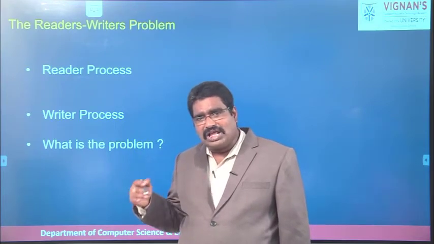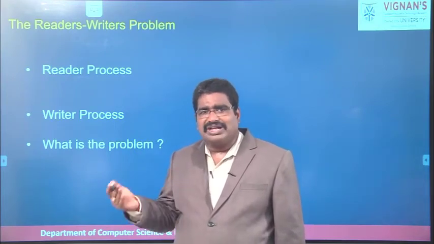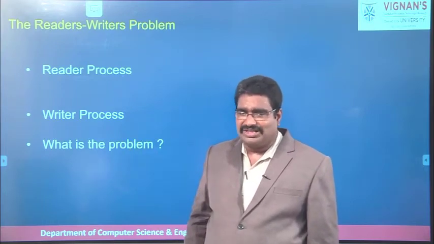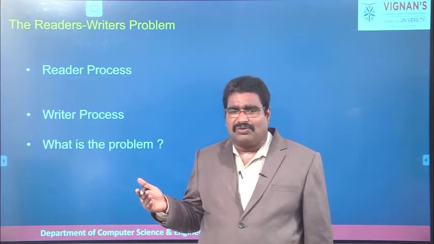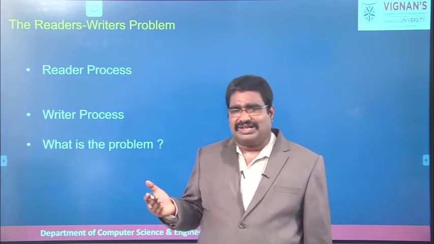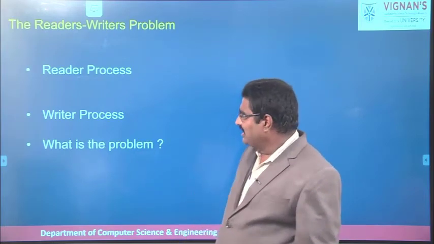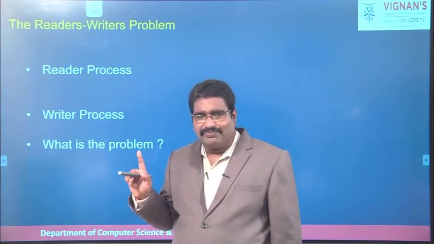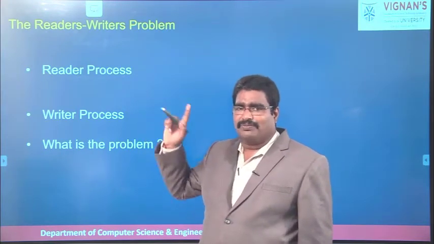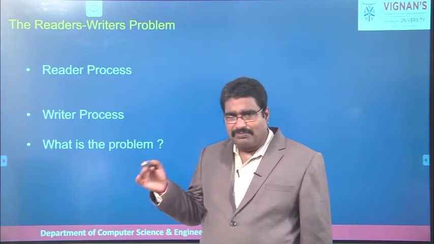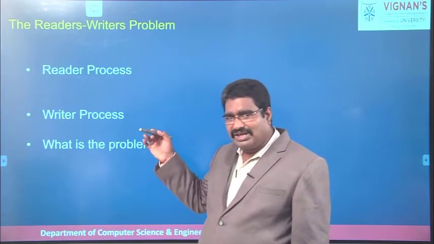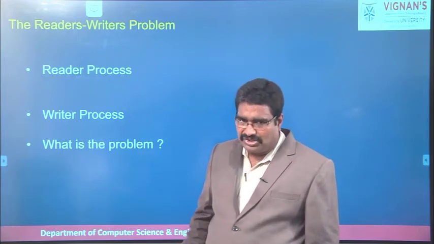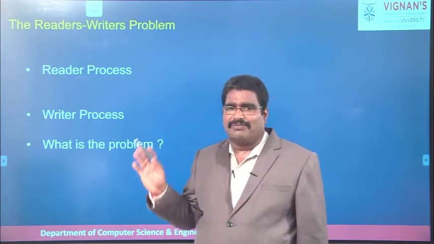Similarly, if more than one writer is allowed, we get the data inconsistency problem. We already discussed in the first class, if more than one process is allowed to modify the shared data, we get data inconsistency. For that reason, at any instant of time, only one writer is allowed, but any number of readers are allowed to perform the read operation. And one more important point is, whenever we allow the writer process to perform the write operation, no writer should already be performing the write operation.